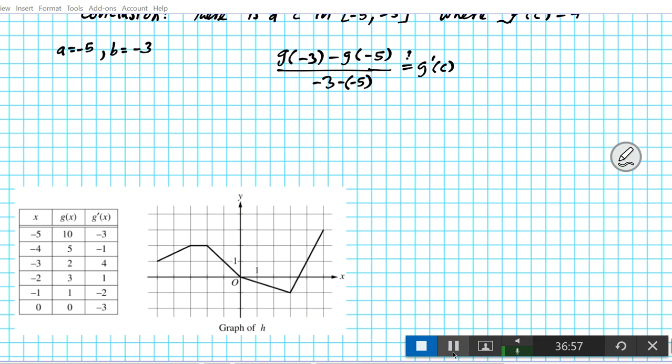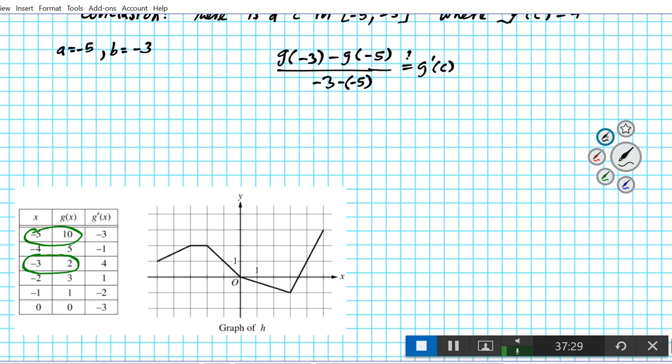All right, so to do this, we're going to be making use of the table that we're given to figure out the left side, the average rate of change. And for the instantaneous rate of change piece, we're going to use what we're given earlier. So if you work this out, g of -3 is 2, right here. And g of -5 is 10.